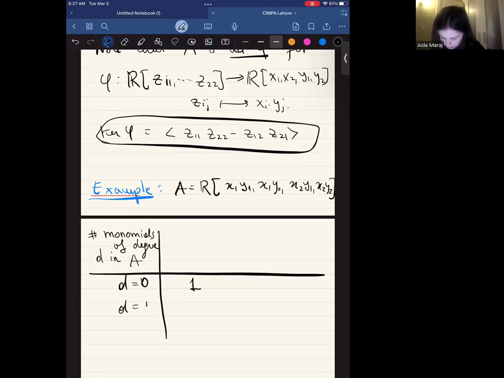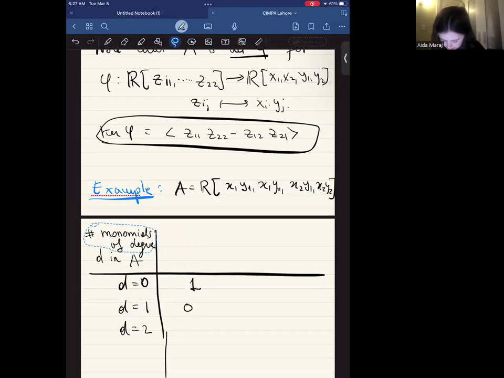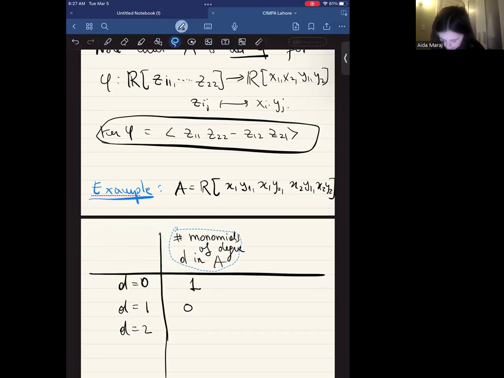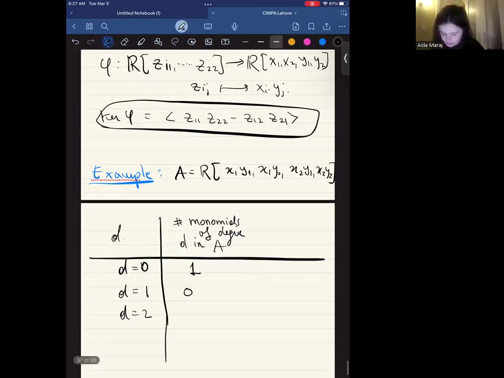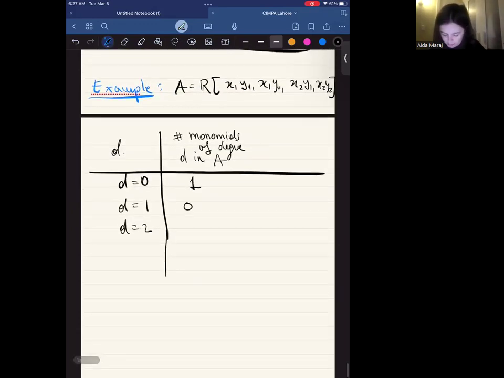When d is equal to 1, we have 0 because there are no monomials of degree 1 there. When d is equal to 2, we have 4. When d is equal to 3, we have 0.